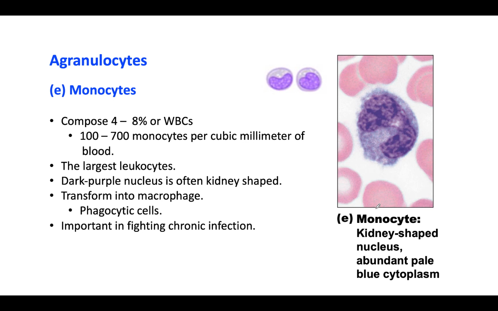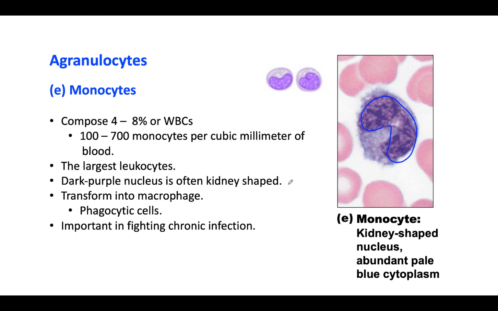Monocyte is the largest of the white blood cells. When you look at this figure, you see a dark purple nucleus like a kidney shape.